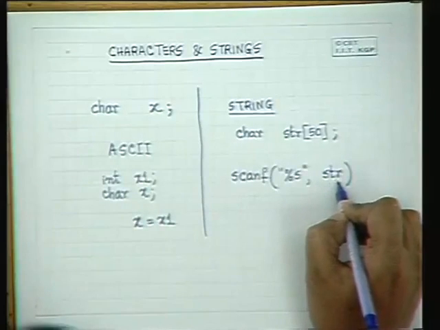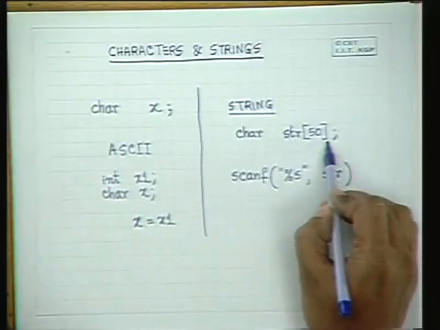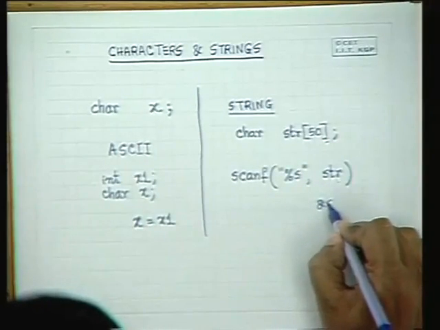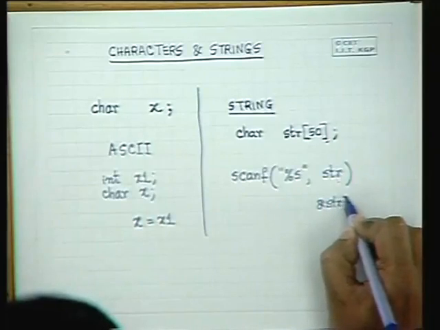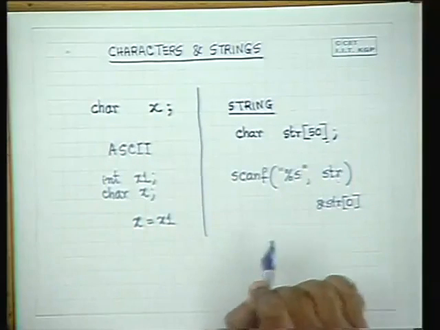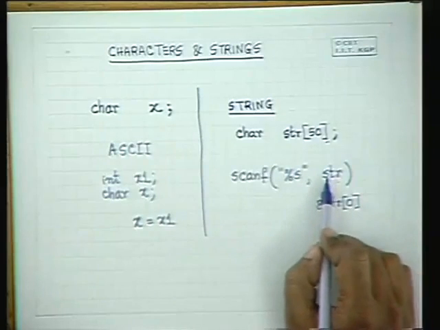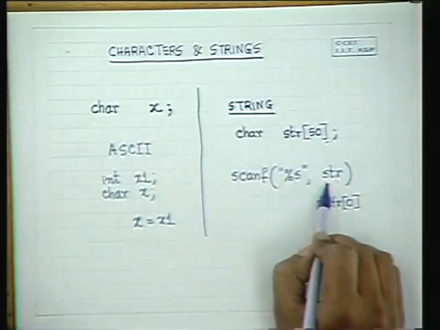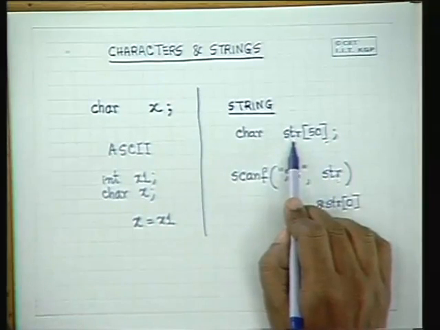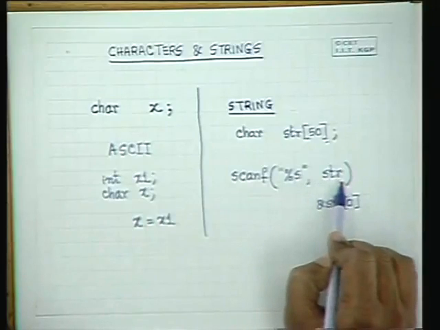The name of the string is sufficient to provide you the address of the string, which is the same as &str[0]. We will see array indices and addresses later. So you have to give the starting address of the string, which is equivalent to giving the name of the string, and automatically the string will be read.